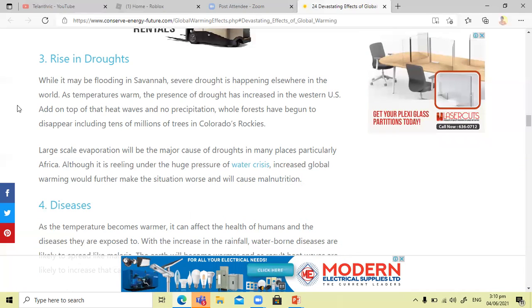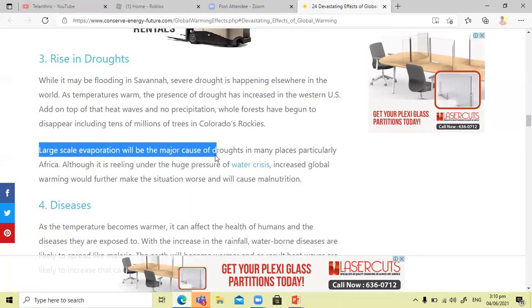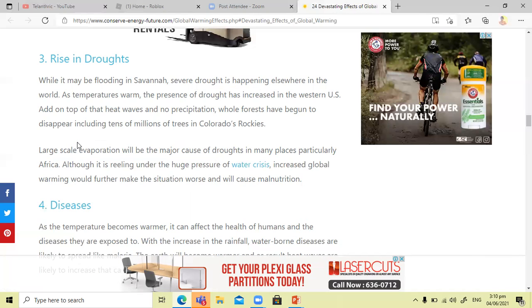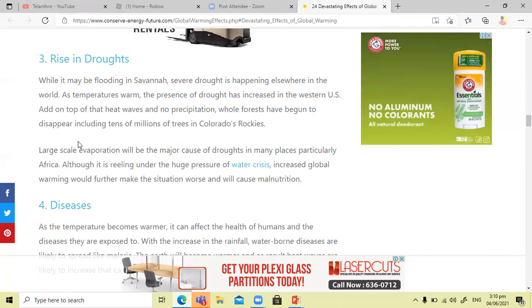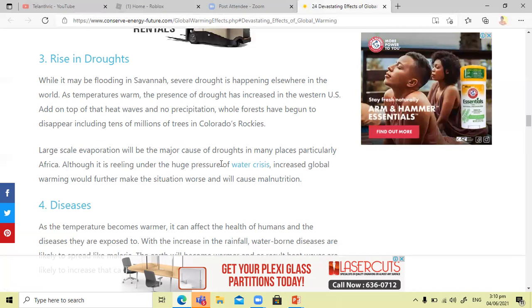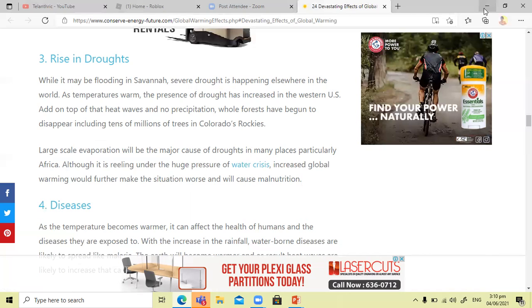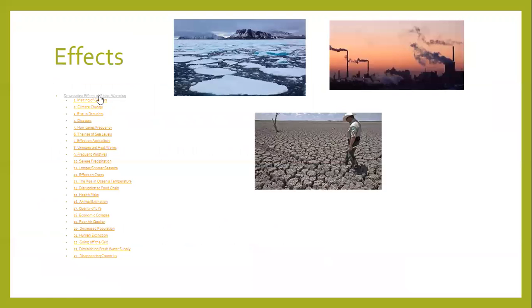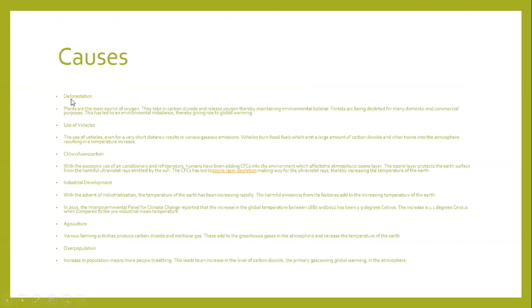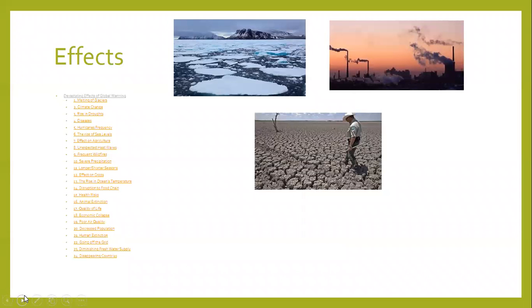So as you can see, global warming is making the water from the earth evaporate too fast, and it is causing a drought. And we can't go through all this. Let's move on. There's a bunch there, but we can't go through all.